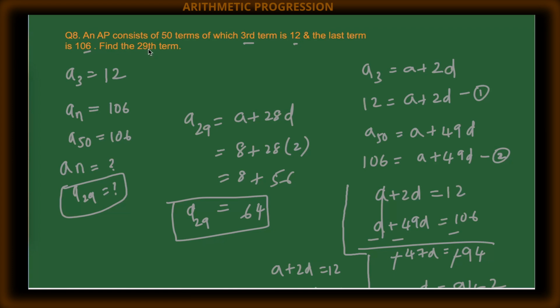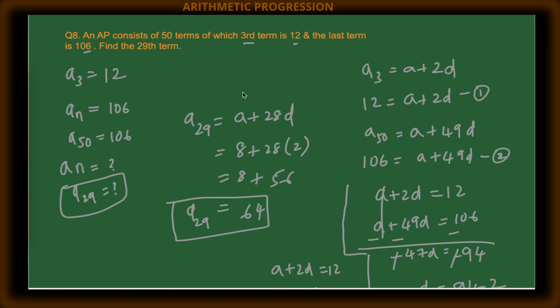To find the 29th term we need a and d. We have two inputs, from which we solve the two unknown variables, the first term and the common difference. By solving that we can replace them here and get the value of the nth term, in this case the 29th term.